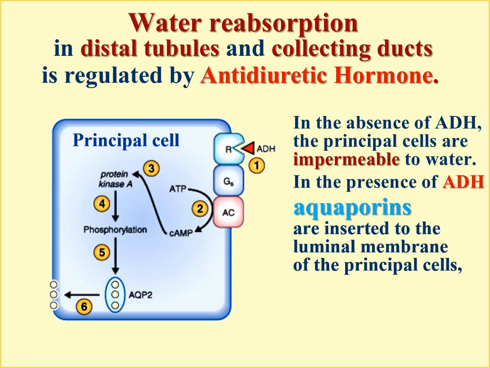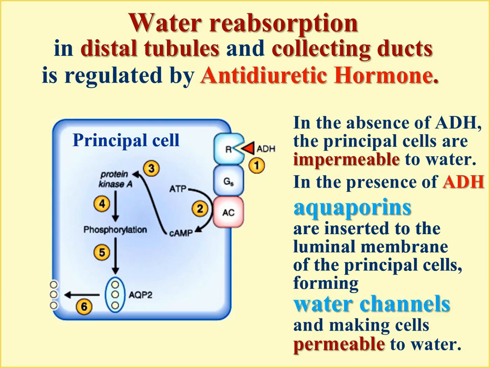And permeability to water depends on water channels formed from aquaporins. Aquaporins are present inside the principal cells, they are internalized. But under the action of ADH, internalized aquaporins become inserted into the luminal membrane. Let's observe the process from the beginning, how the water channels finally make water go into the cell.